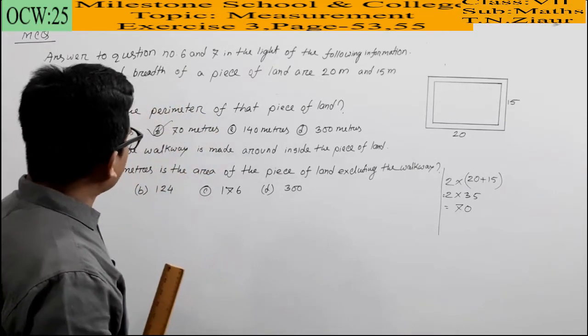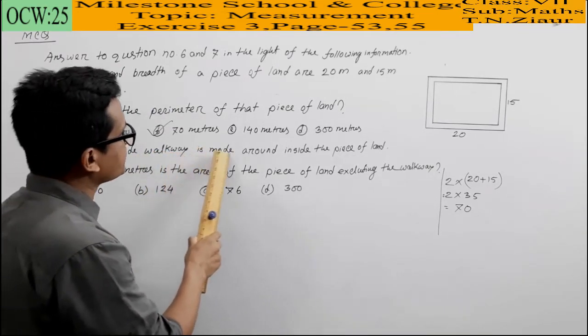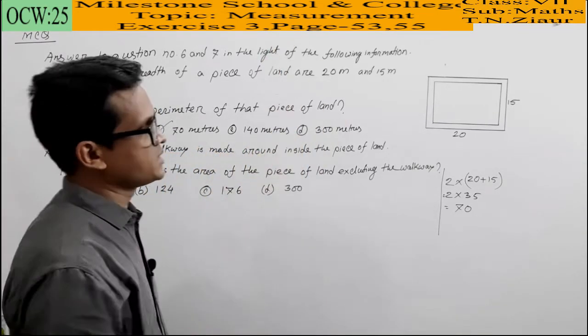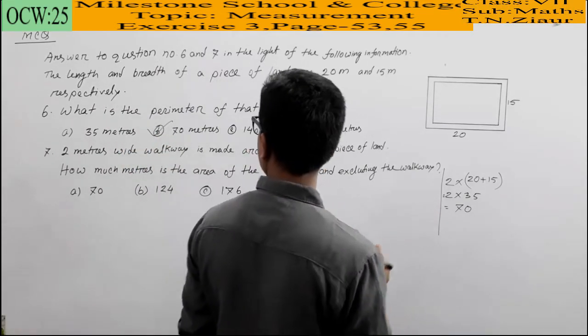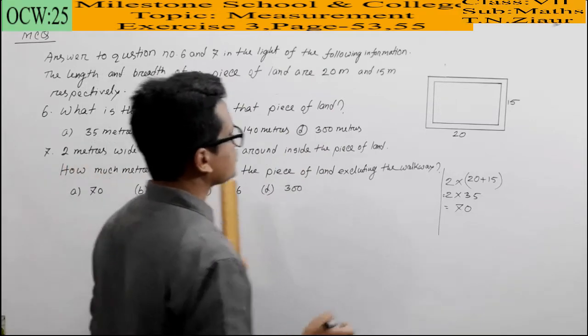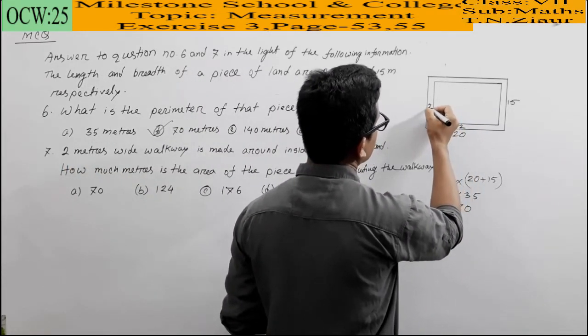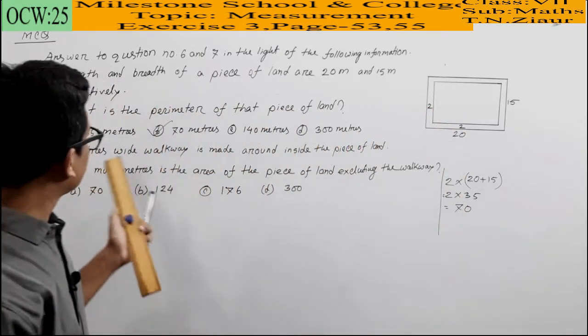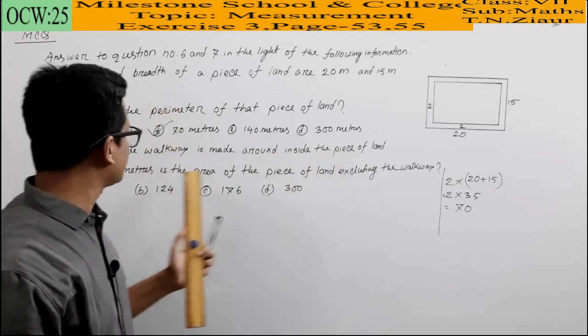Now a 2 meter wide walkway is made around inside the piece, inside, not outside. Inside the piece, how many meter? 2 meters. So this one is 2 meter, and breadth is also 2 meter here. So a 2 meter wide walkway is made around the inside of the piece of land.